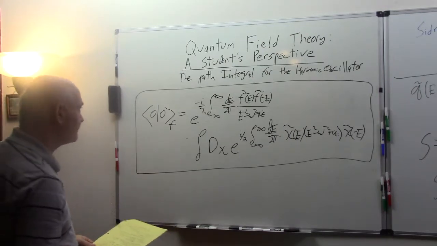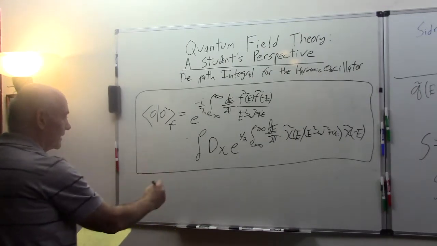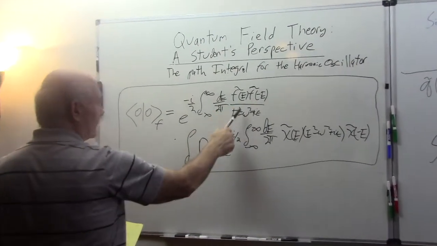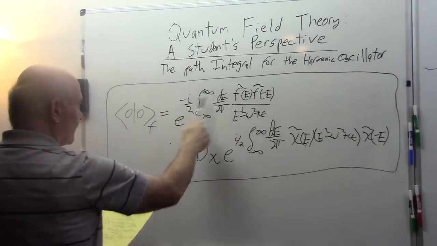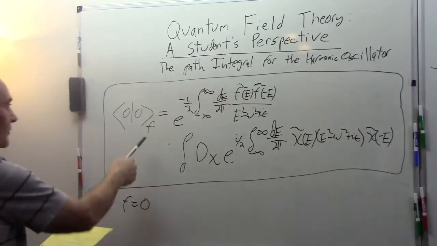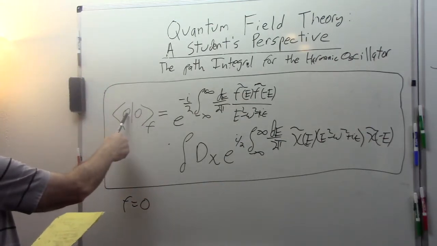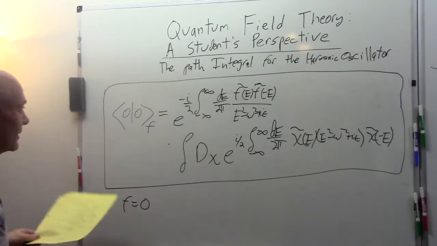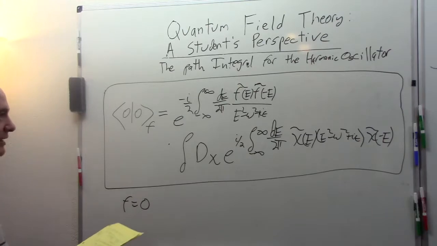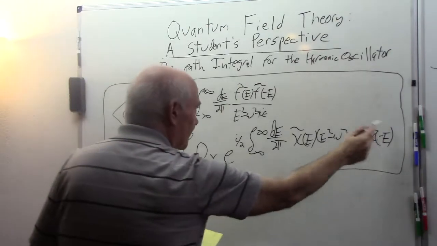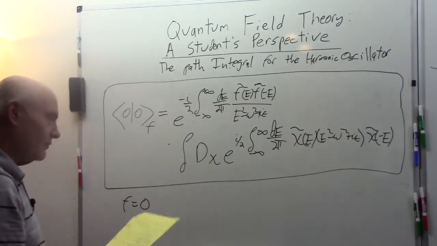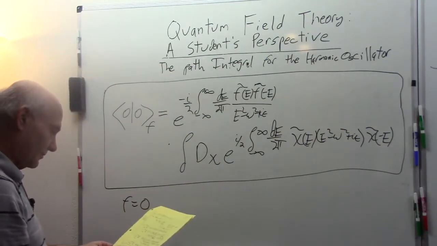For now, let's just see one thing. If we set f equal to 0, this is all 0, e to the 0 is 1. So we're just left with this thing. We know when f is 0, the vacuum ground-to-ground transition amplitude should be 1. When there's no driving force, nothing happens. So if we're in the ground state, we stay in the ground state. So that means this whole thing here, this path integral, which we don't know how to evaluate, is equal to 1. In a sense, we're setting the normalization.